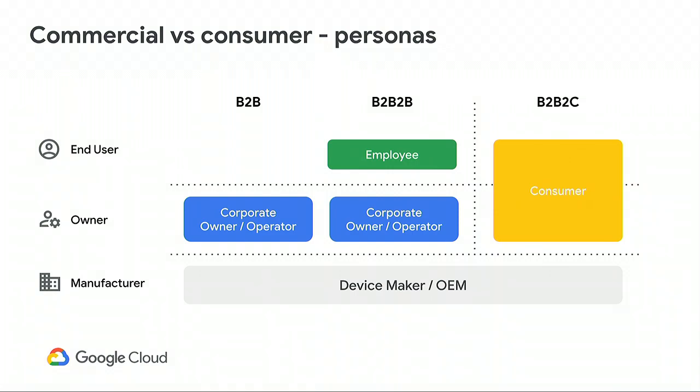So just to reflect back on the truck fleet management system, these tracking devices might be installed on trucks, but let's say the driver of the truck doesn't necessarily own the device. In case of B2B2C, this is a little bit simpler because in these use cases, usually the owner and the end user are the same person. So think about the connected light example.